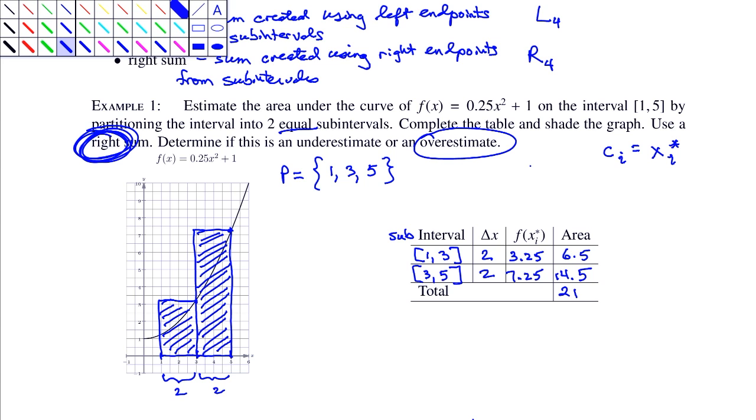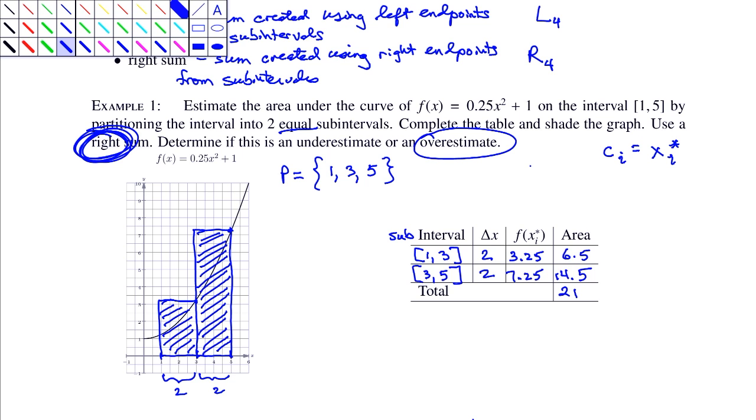There will be some problems that say use the midpoint of the subinterval. So the midpoint of these would be 2 and 4. So you could do that. There will be some that have weightings, like you're going to use the point that's 1/3 the way from the left endpoint and 2/3 away from the right one. So you can use any point here you want.